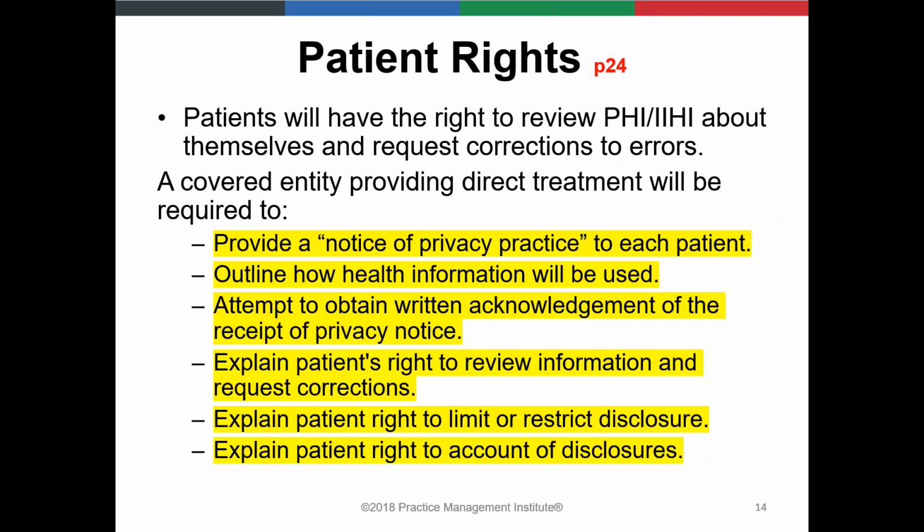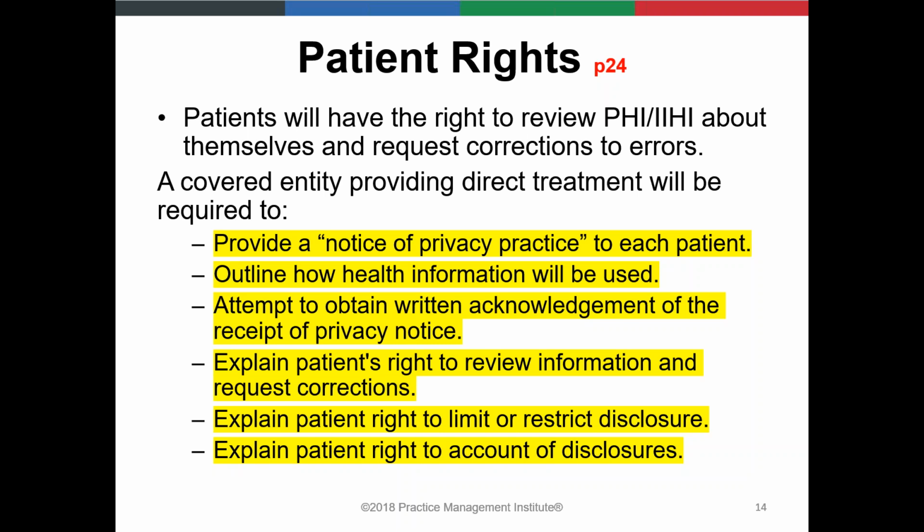Patient rights with respect to their PHI and IIHI is that they have the right to review this and request corrections to any errors in their IIHI. And a covered entity providing direct treatment to a patient will be required to provide that patient with a notice of privacy practice, outline in that notice how their health information will be used, attempt to obtain written acknowledgement of the receipt of privacy notice, and note that you don't have to get written acknowledgement of that, but you have to attempt to obtain written acknowledgement of that.